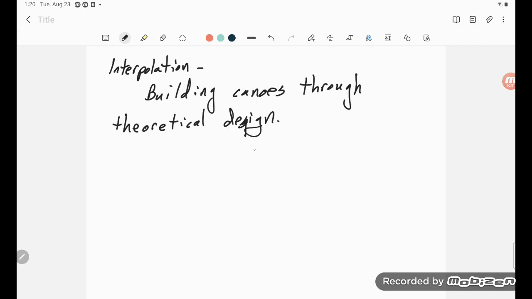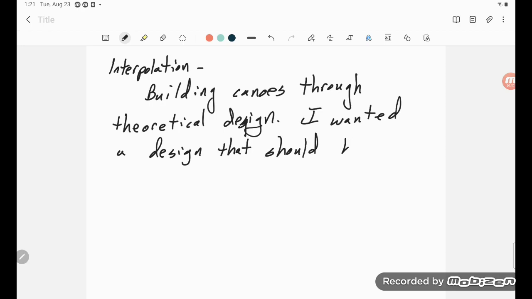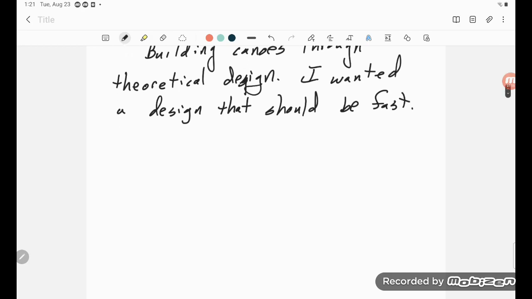And so what I was interested in was, I wanted a design that should be fast. So as you think about it, right, you take something like a rowboat that's sort of squared off at the front.